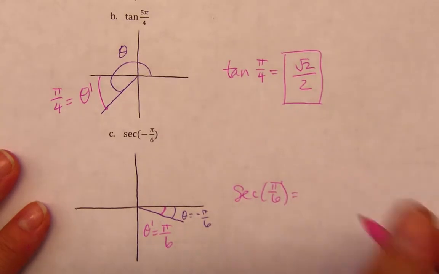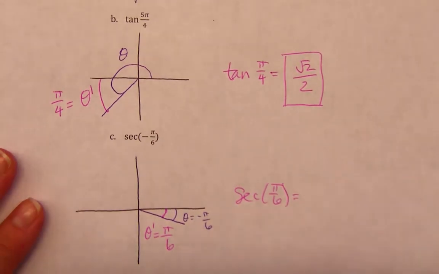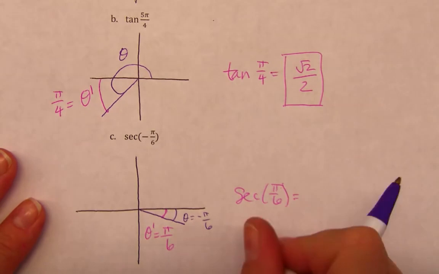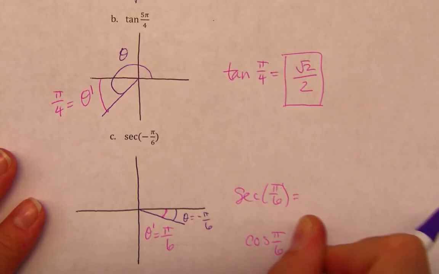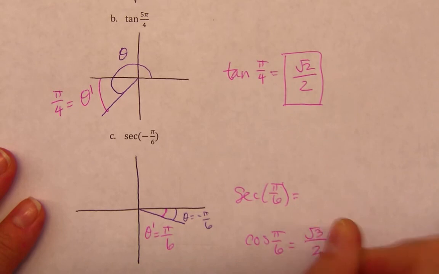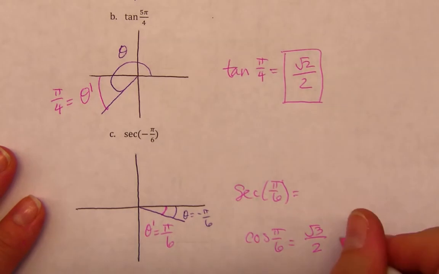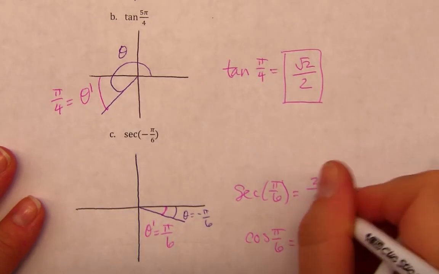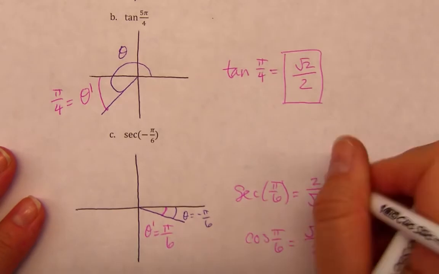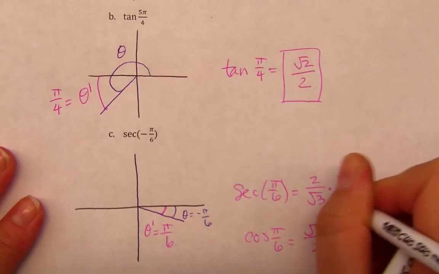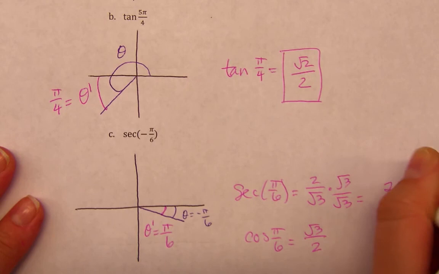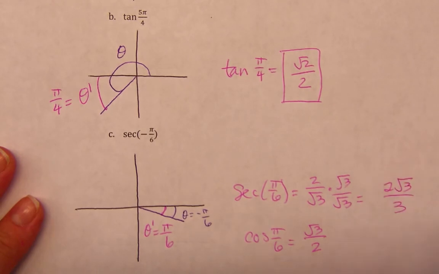And secant of pi over 6 is going to be the reciprocal of cosine there. Cosine is root 3 over 2. So secant is going to be 2 over root 3, which when we rationalize gives us 2 root 3 over 3.